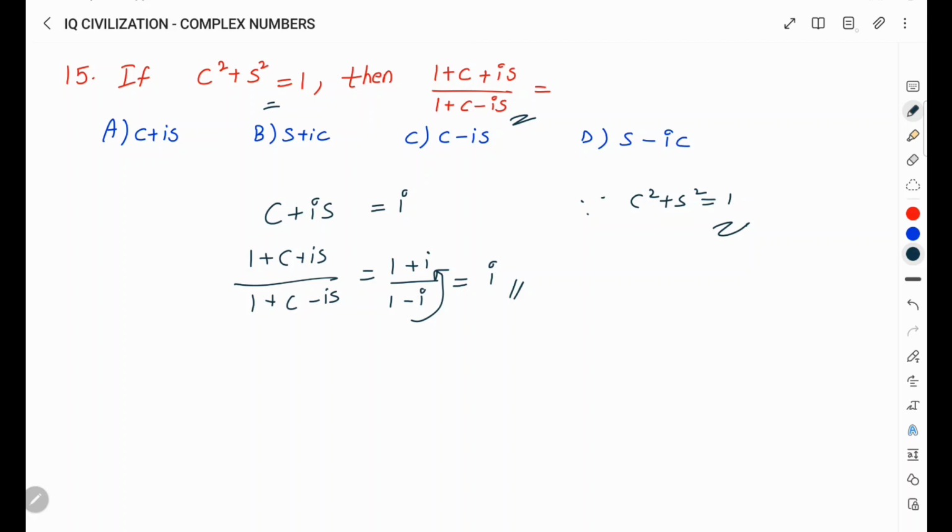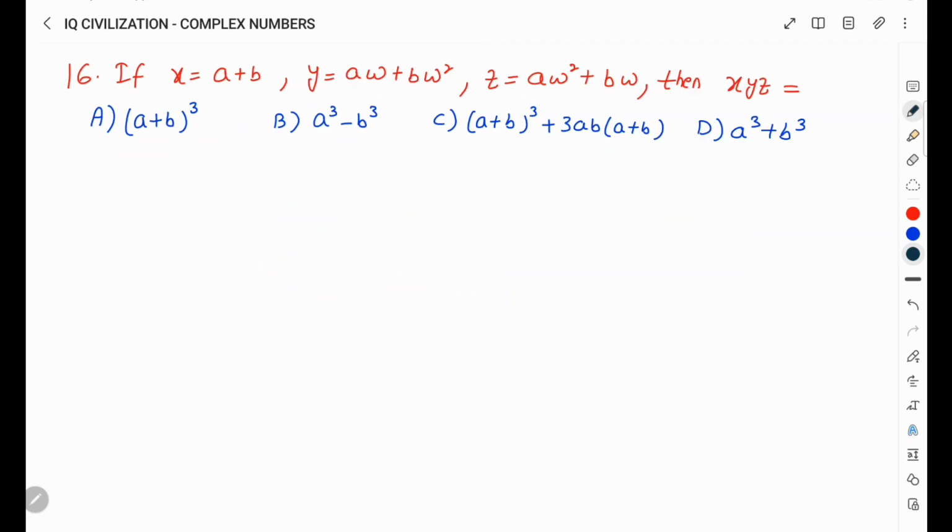Okay, next one. See, for this question, x is equal to a plus b, y equals to something, z is equal to a omega square plus b omega, and we need the value of xyz. So here by substitution, let a equal 1, b equal 1. So x becomes 2, y becomes omega plus omega square.